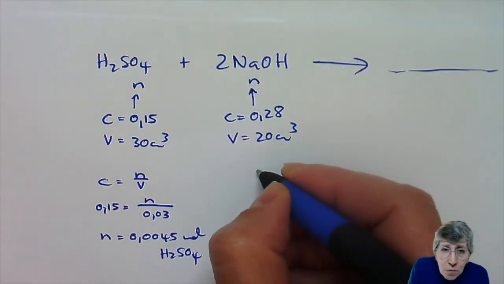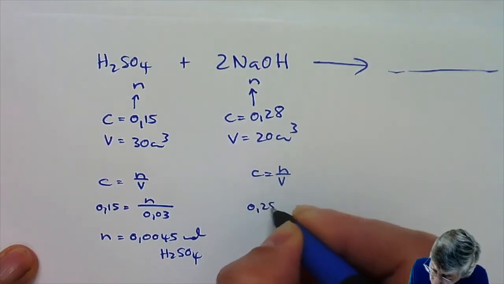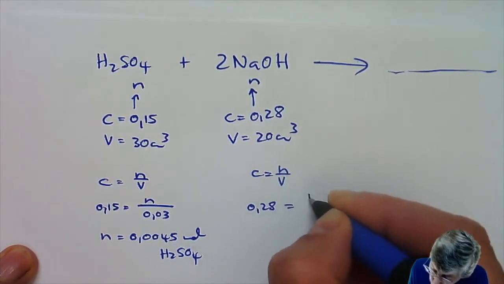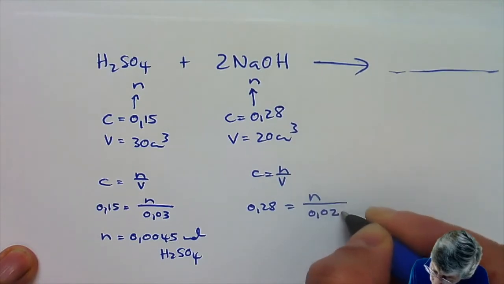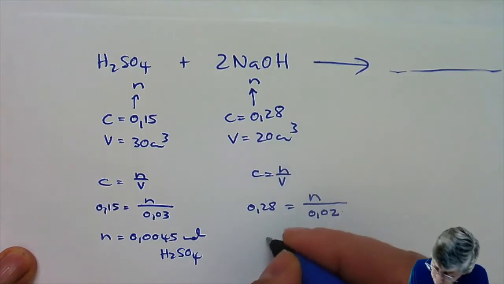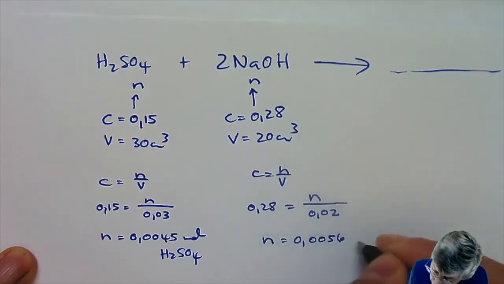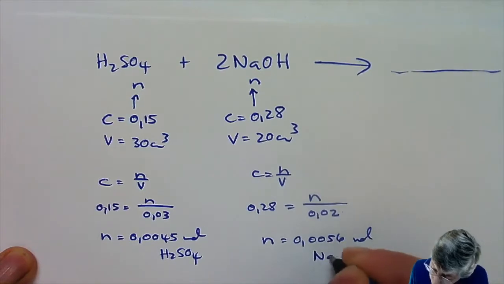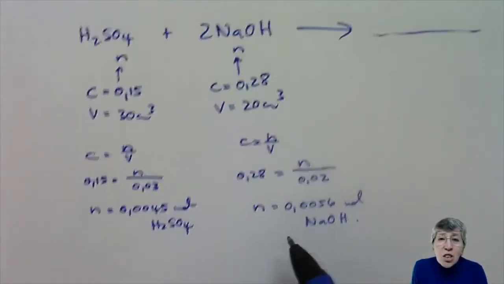Doing the same thing for the base, C equals n over V. I've got a concentration of 0.28. The moles is what I'm looking for, and I've got 0,020 because now it is cubed decimeters down there. And then I end up with 0,0056 moles of NaOH. Right, so this is what they add together.